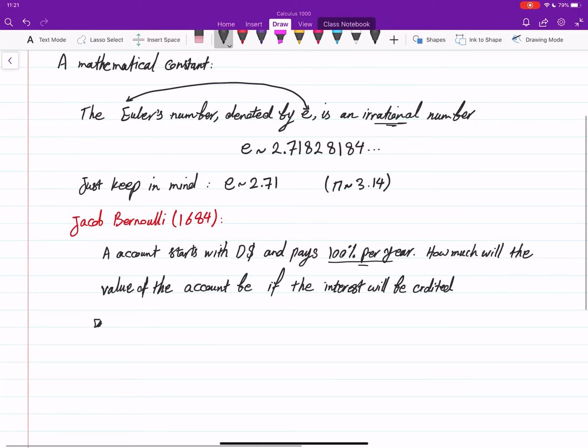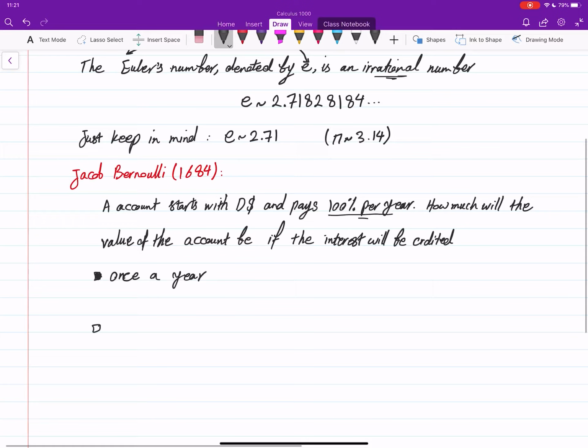Let me just tell, well, what happens if it is credited once a year, or maybe twice a year, and well, increase the number of these compound periods or intervals.